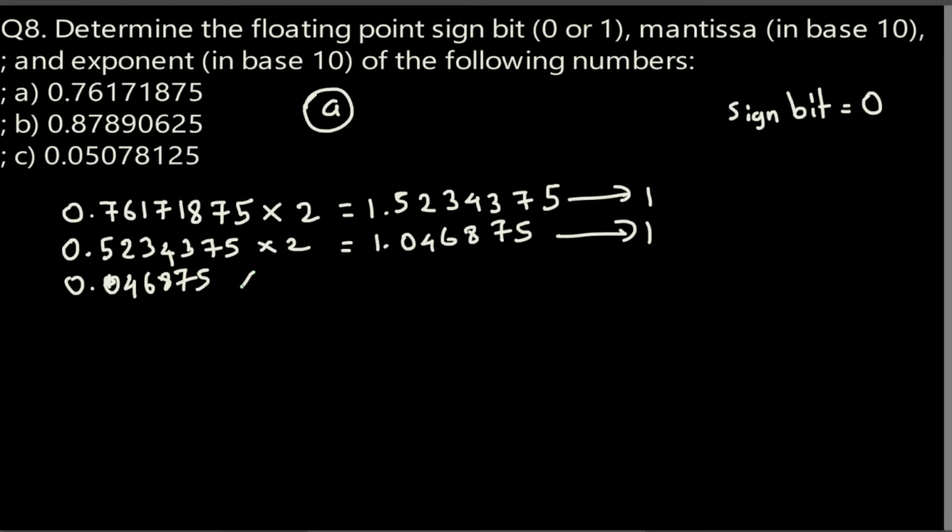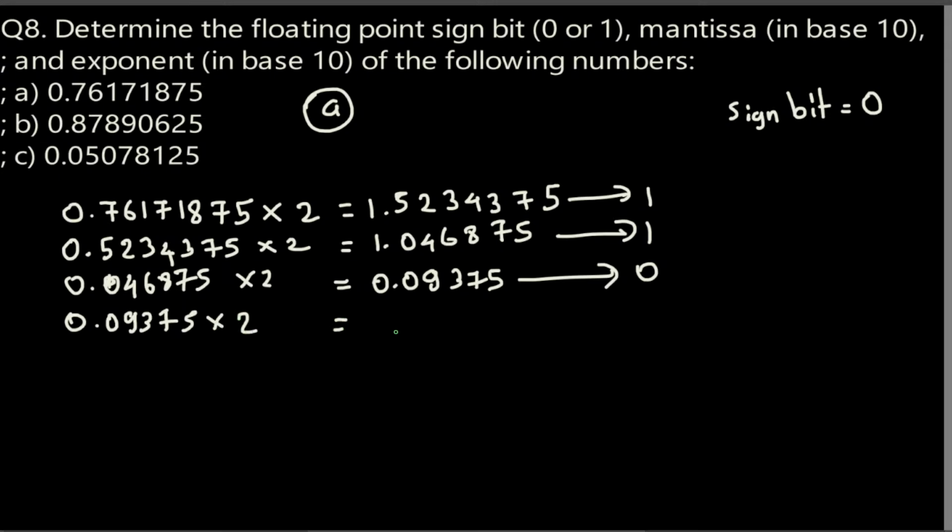That is 0.046875, multiply that one by 2, that gives us 0.09375, and here we have 0 in front, so we put that one right here, and then we grab this value, 0.09375, multiply by 2, that gives us 0.1875.